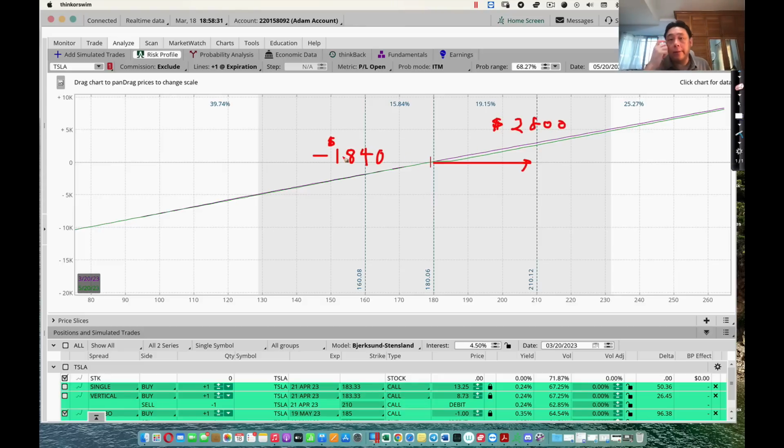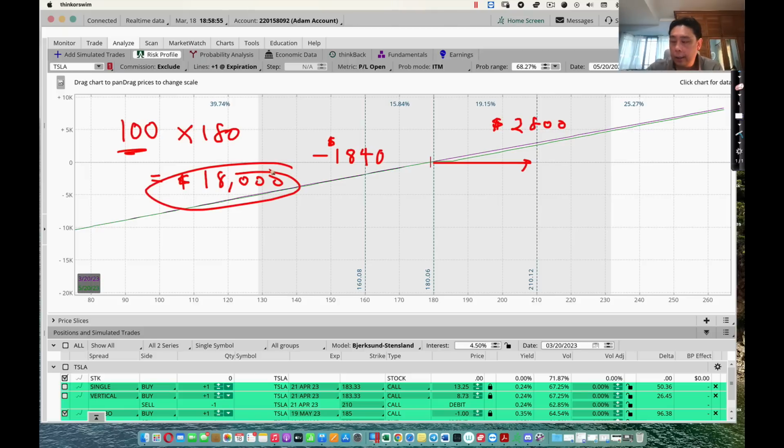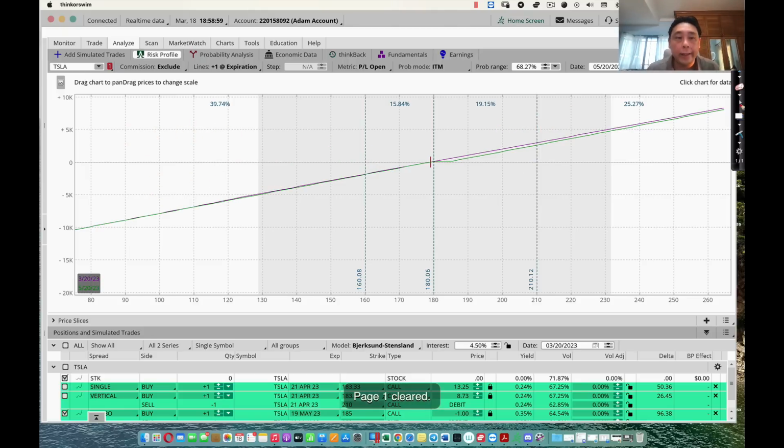So what's the advantage of doing this versus buying 100 shares? Why don't you just buy 100 shares? Because if you buy 100 shares of Tesla at 180, it would cost you $18,000, right? But by doing this, you don't need $18,000.